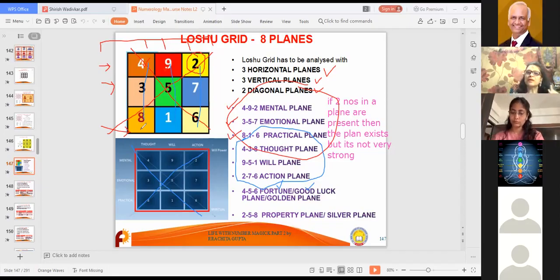Please remember, the grid was developed at a time when land was the highest form of richness or affluence. He who possessed land was the landowner, the rich person, the person who had power. So 258 is also power. Clear so far? This is known as the silver plane.